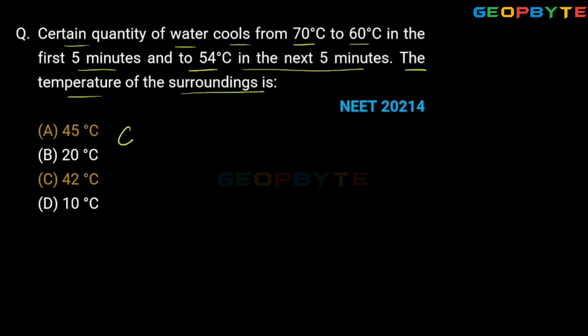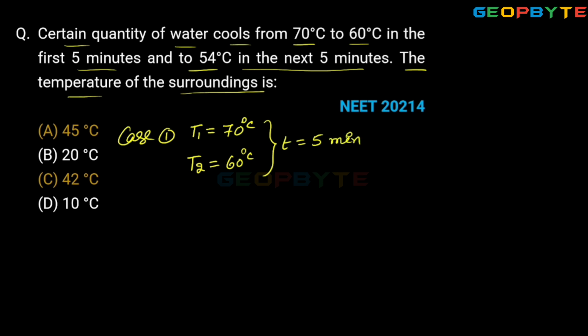It is given that in case 1, initial temperature T1 equal to 70 degrees centigrade, final temperature T2 equal to 60 degrees centigrade, for the time period t equal to 5 minutes.